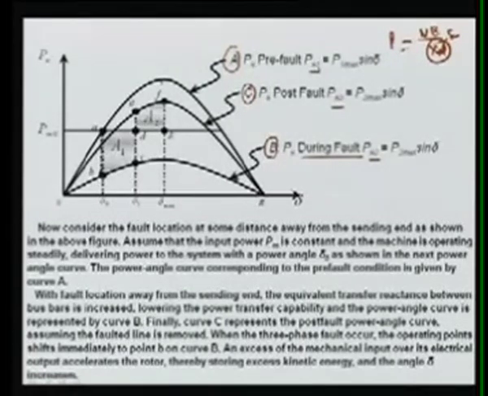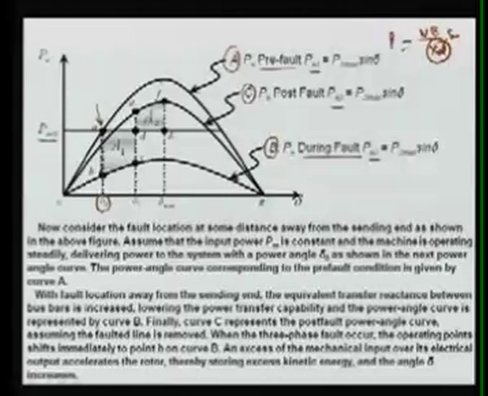Now you can see your loading of the system was Pm0 before the fault. Your operating point was A because it is the intersection of your pre-fault curve A and your Pm0 line, and this is your pre-fault operating point, and the angle of this excitation voltage, your delta naught, is this one.